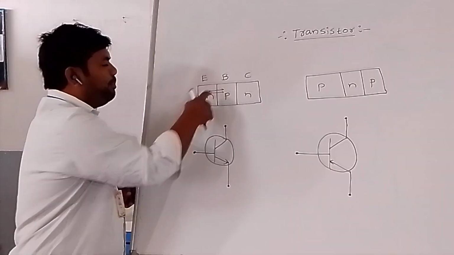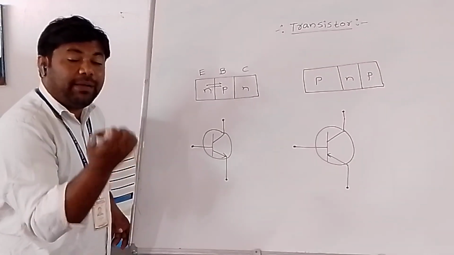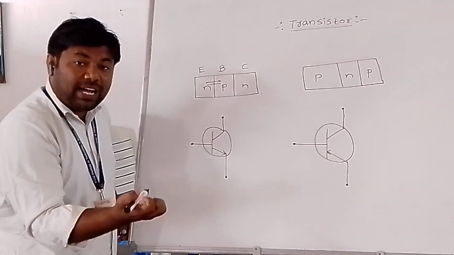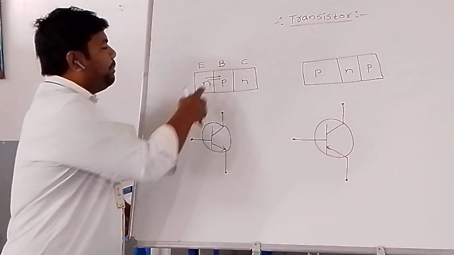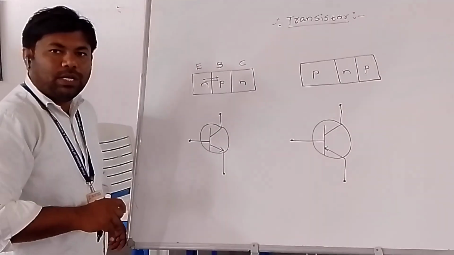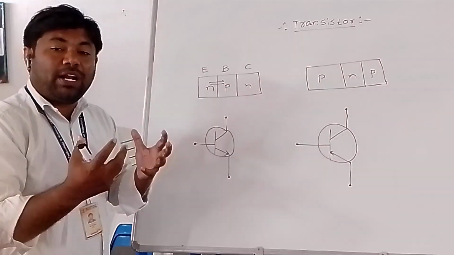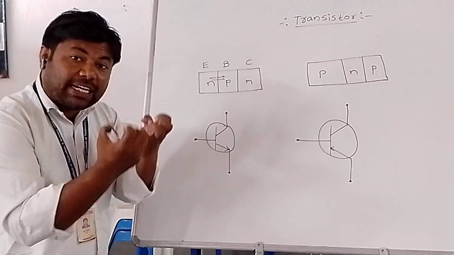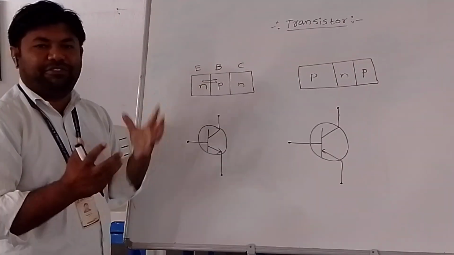So what is the job of the base terminal? The base terminal's job is collecting more electrons from the emitter terminal. So that is the base job. So what is the collector's job? The collector's job is collecting more electrons from the base terminal, that is the collector definition.